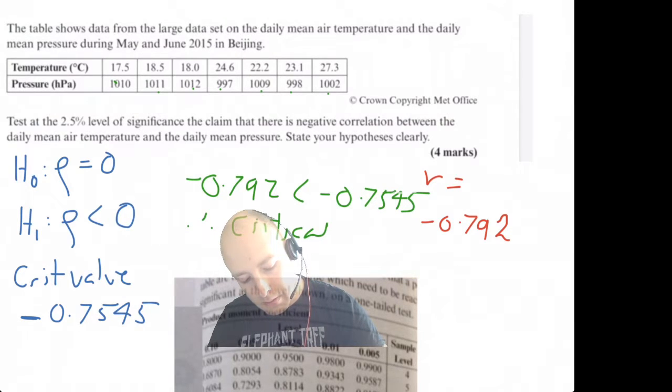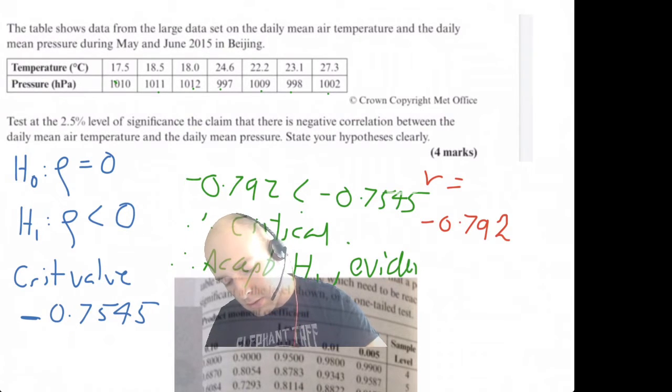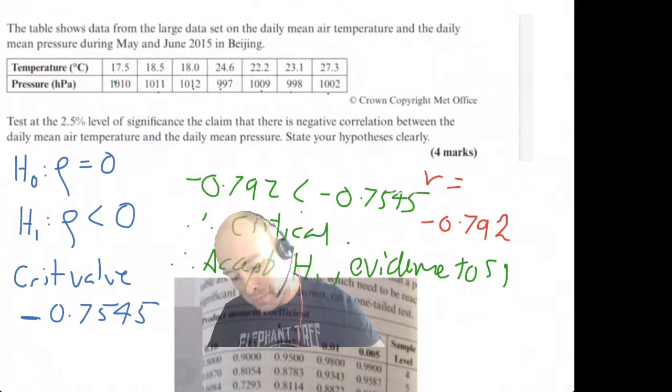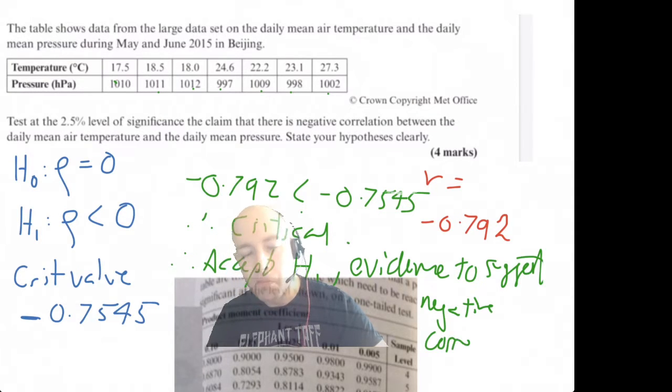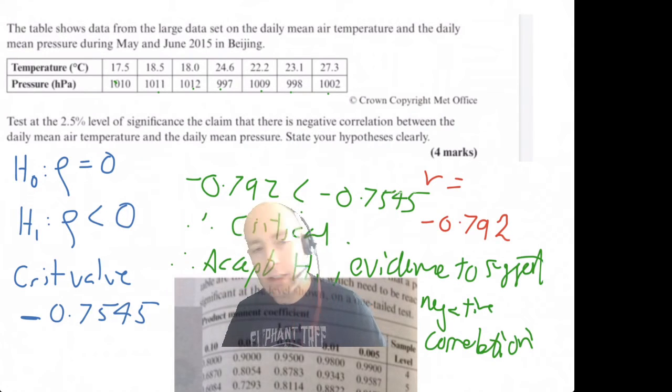Therefore accept H1: evidence to suggest negative correlation between temperature and pressure. So as temperature goes up, the pressure goes down. Cool.